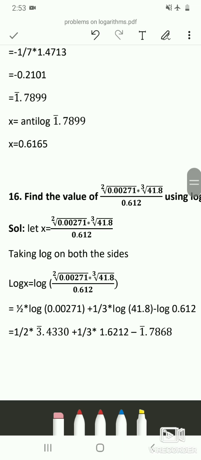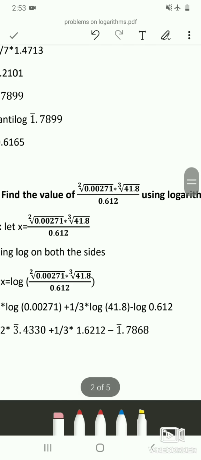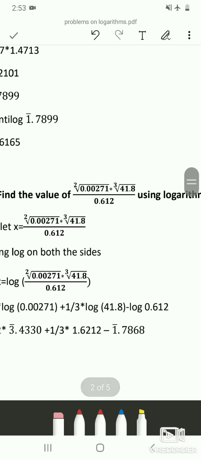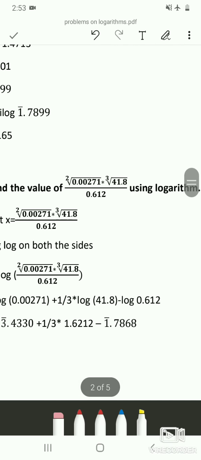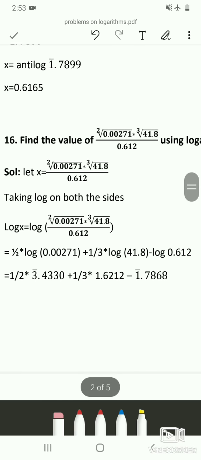So let's see another problem of a similar kind, that is, find the value of square root of 0.00271 into cube root of 41.8 whole divided by 0.612 using logarithm.